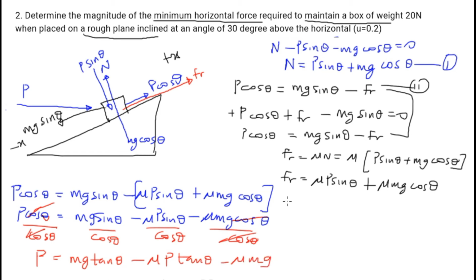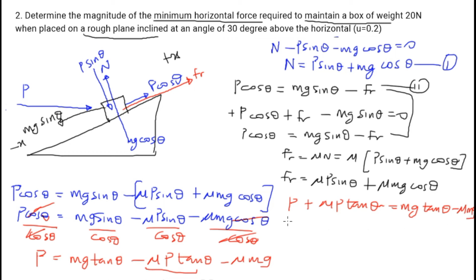So to make P the subject of the formula, I need to take this to the other side, so that I will have P plus mu P tan of theta is actually equal to mg tan theta minus mu mg.